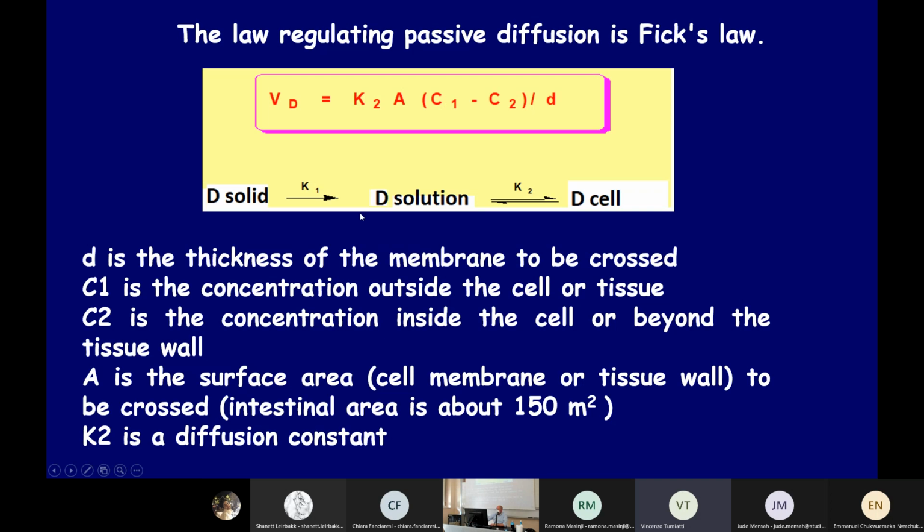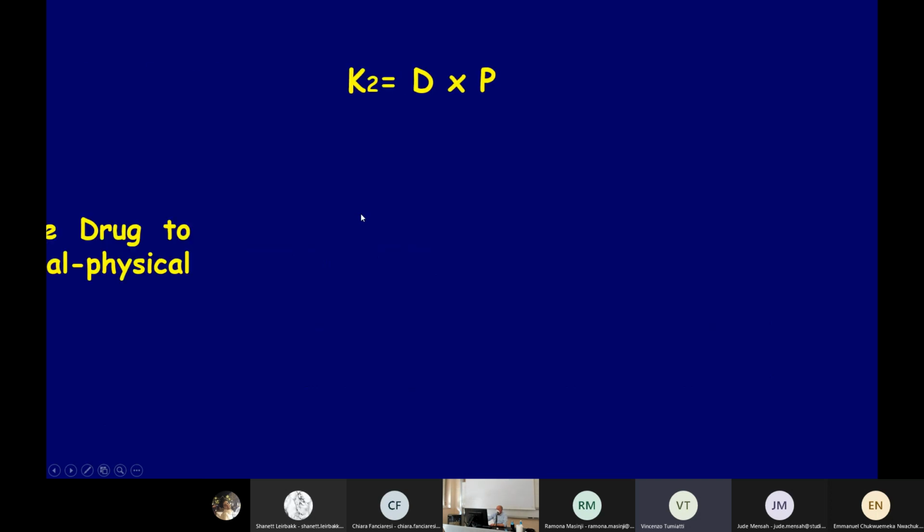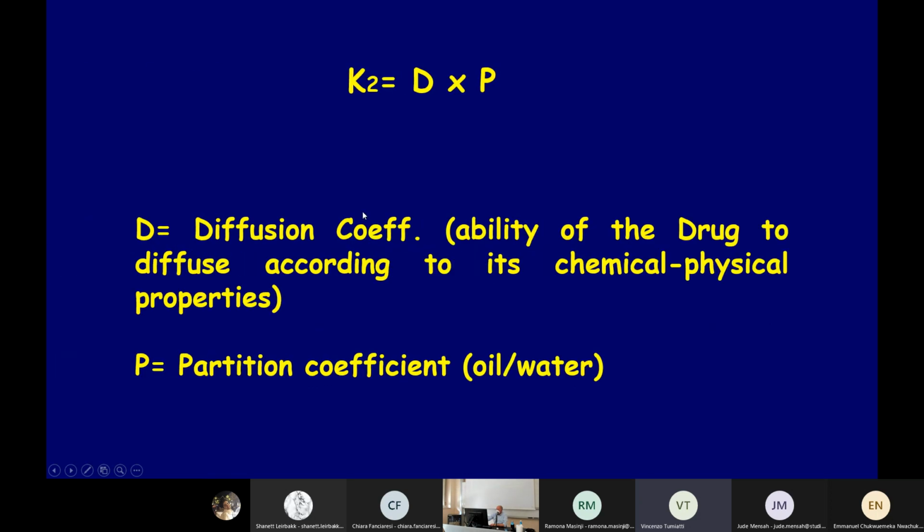So K2 is a constant. It depends on the diffusion coefficient, the ability of the drug to diffuse according to its chemical physical properties, okay?